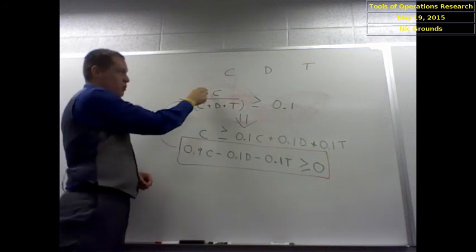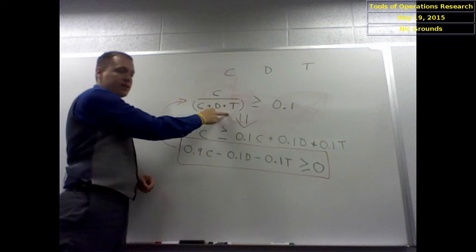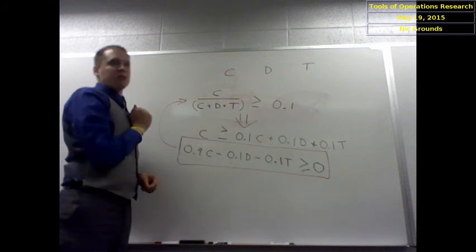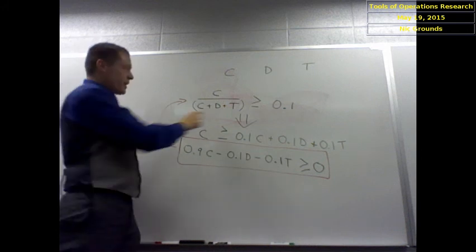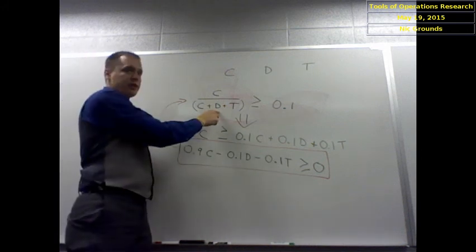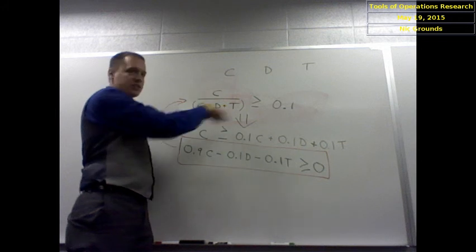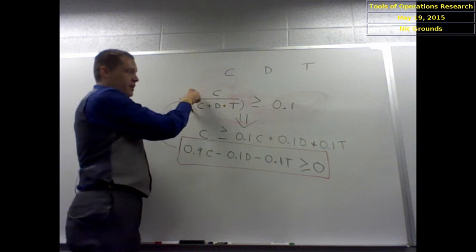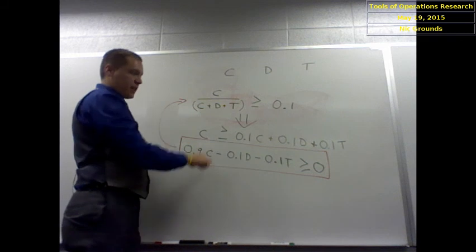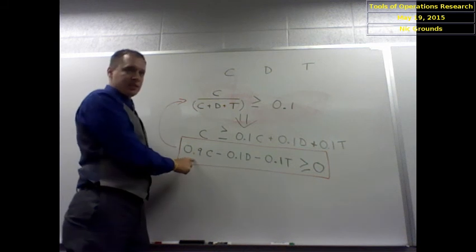We wanted the proportion of chairs to everything we make to be greater than or equal to 10%, 0.1. So however many desks and tables we made, we wanted the number of chairs to be 10% of the overall products. We just took that constraint and algebraically manipulated it to get this equation.